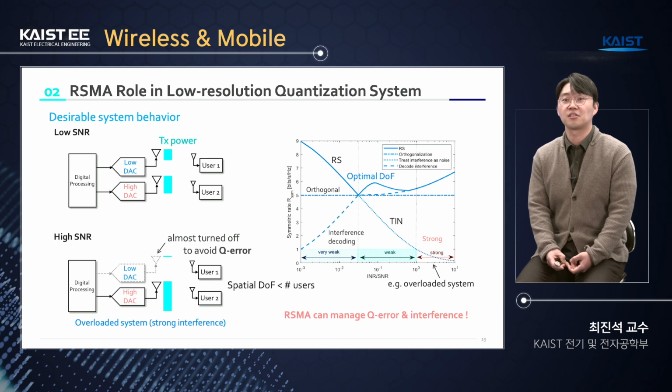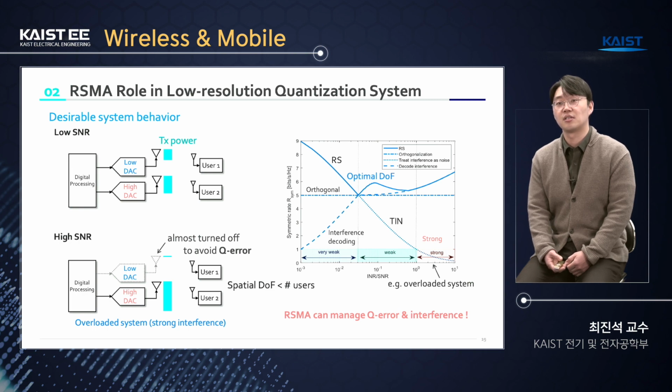Because the quantization error does not really matter, since the signal power is very low compared to the noise power, it's still okay. However, in high SNR, when the signal power is very good compared to the noise power, using the low resolution DAC means introducing significant quantization error, which becomes a very significant noise.